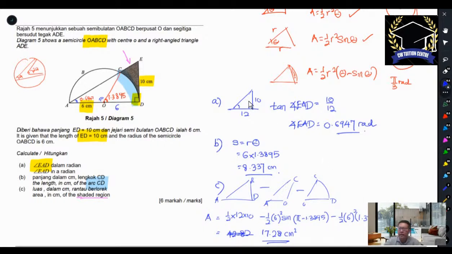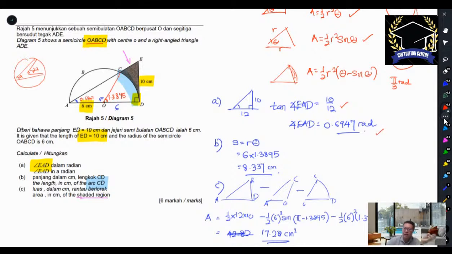So again, let's look at the question one more time to check if there is any mistake. Semicircle, half circle, is a straight line. They give you whatever information, radius, and then find the angle EAD. I will be using tangent. Tangent angle EAD equals 10 over 12. Then I get the angle, 0.6 something.